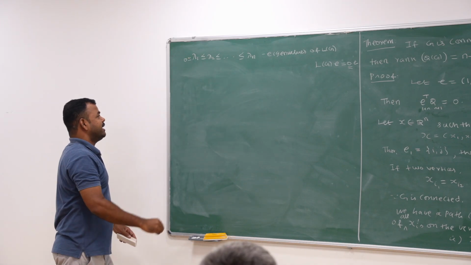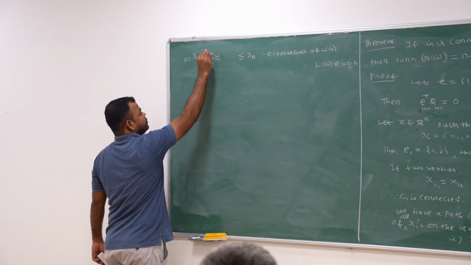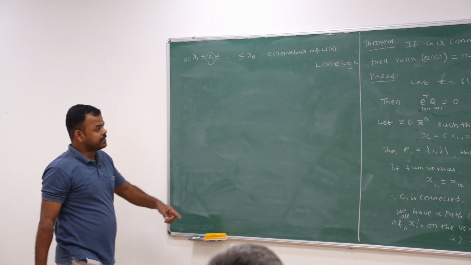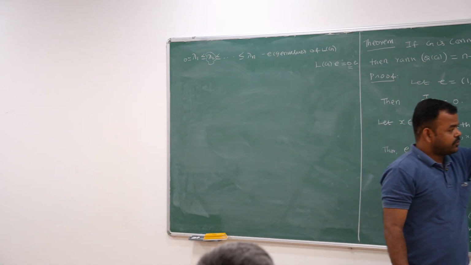Now the second smallest eigenvalue, this lambda 2, will tell you whether your graph is connected or not. We have already seen that. What is the rank of L of G?